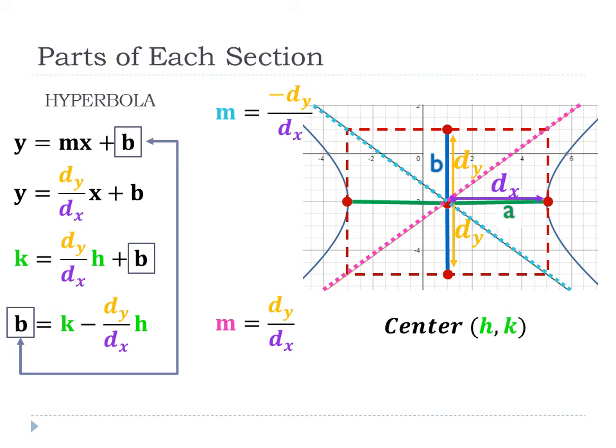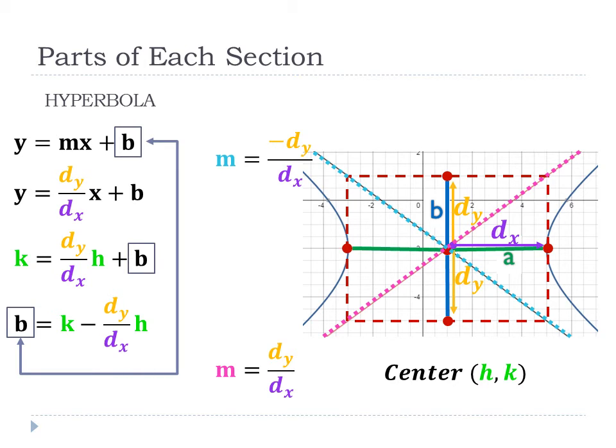Now, what's going to change between this one, which is the horizontal, and the vertical? Let's see. Let's now take a look at the subtle differences there are between a vertical and a horizontal hyperbola and their asymptotes.